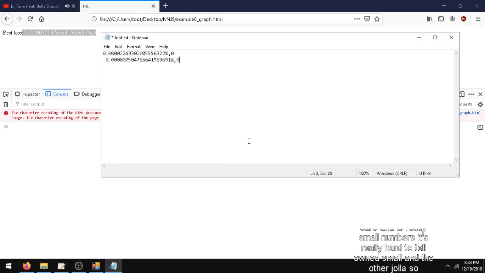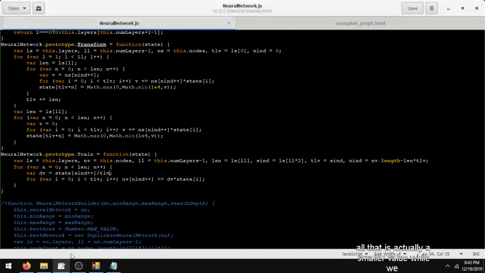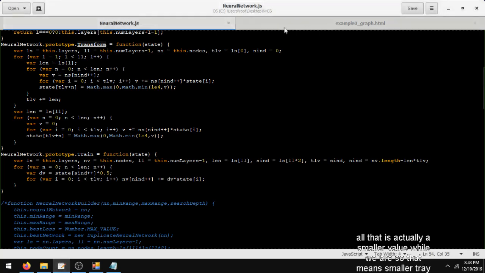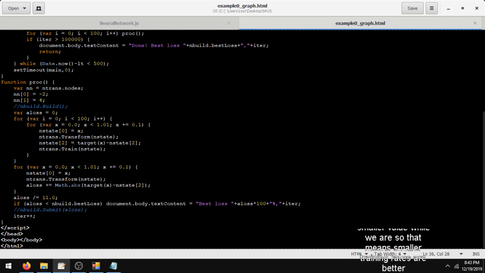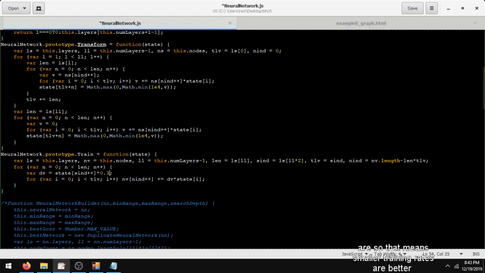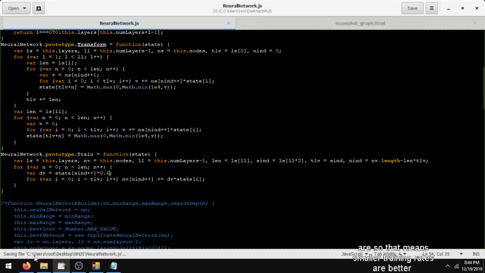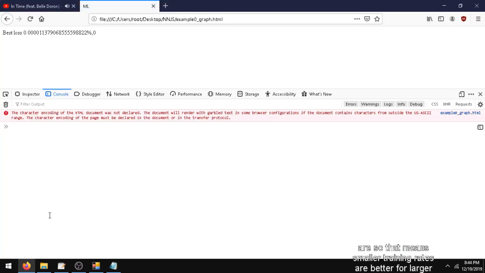Huh, so I think that is actually a smaller value. Wow, wait. So does that mean smaller training rates are better for larger iterations?